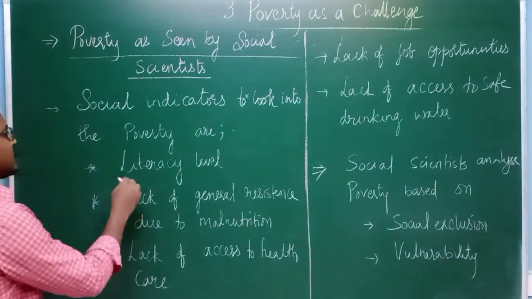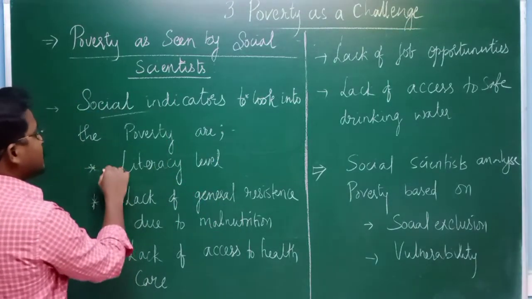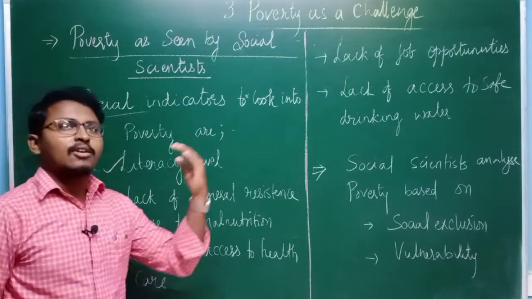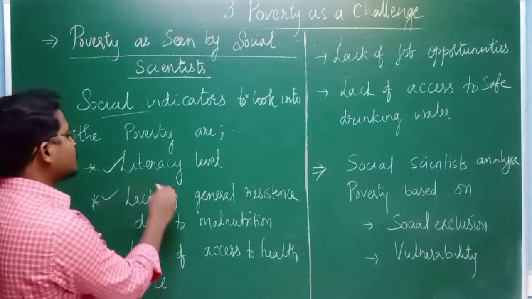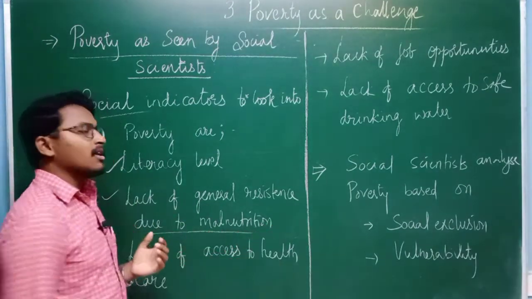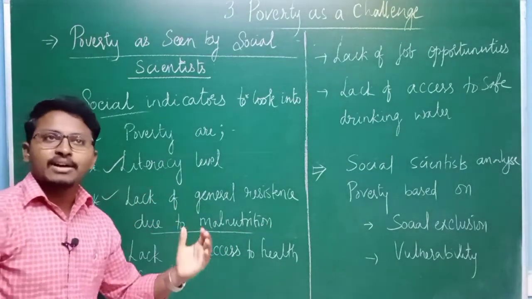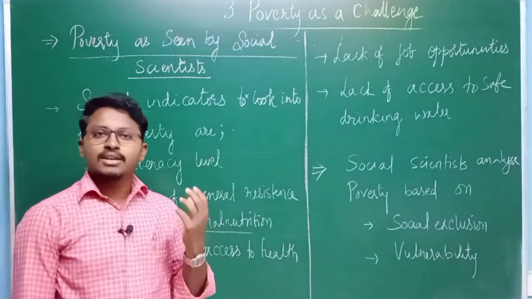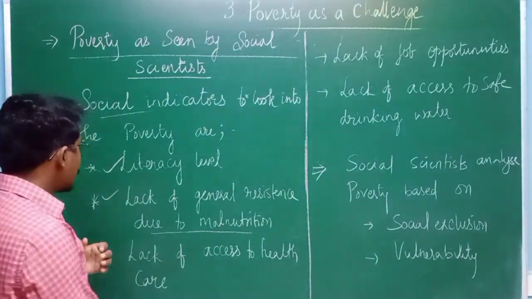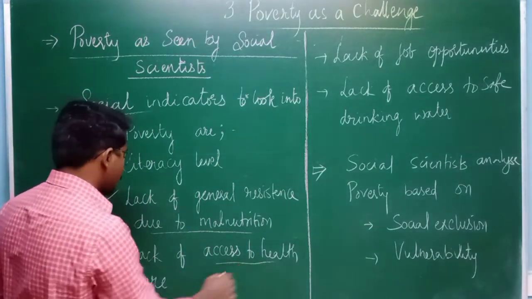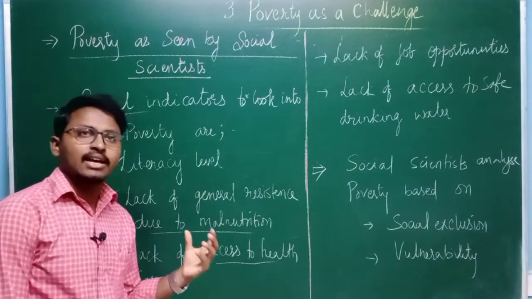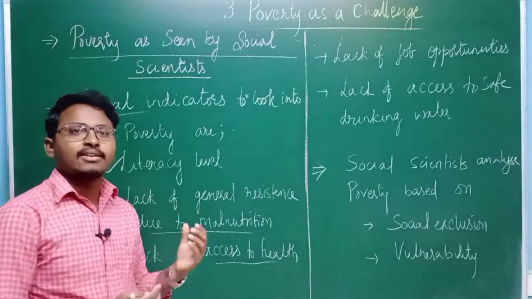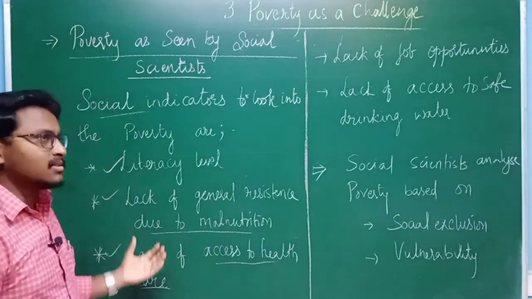One is the literacy level, that is, whether a person is educated or not. Then lack of general resistance due to malnutrition, that means whether the person has immunity or resistance power or not. Then lack of access to healthcare, that means whether people can spend money on their health.